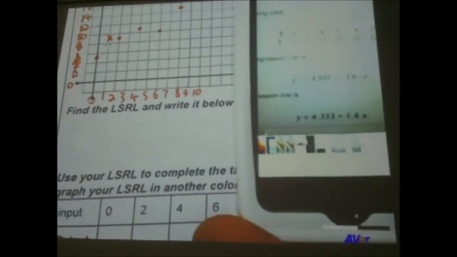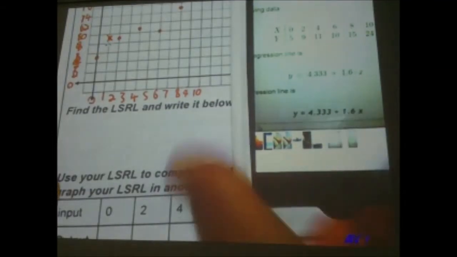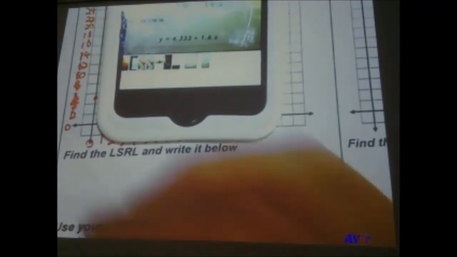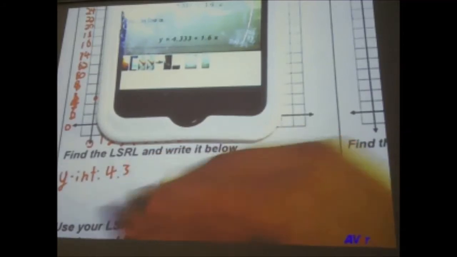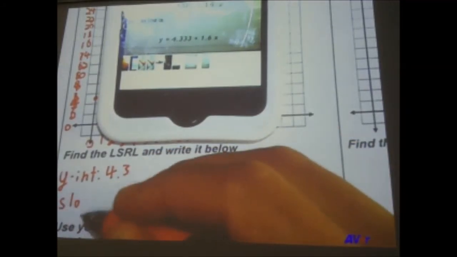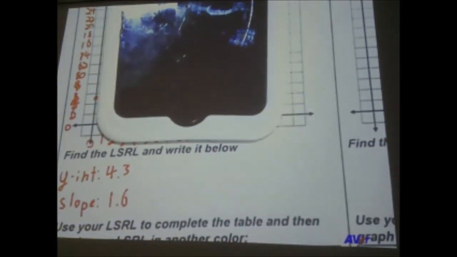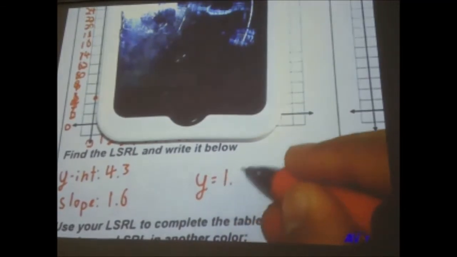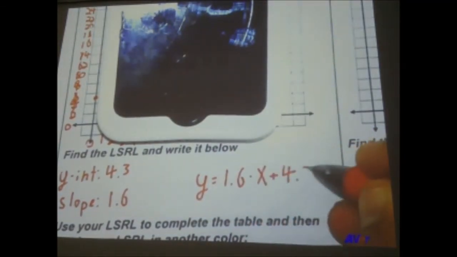So on this, we understand that our y-intercept is that 4.3, and our slope is that 1.6. So our equation will end up being y equals 1.6 times x plus 4.3.